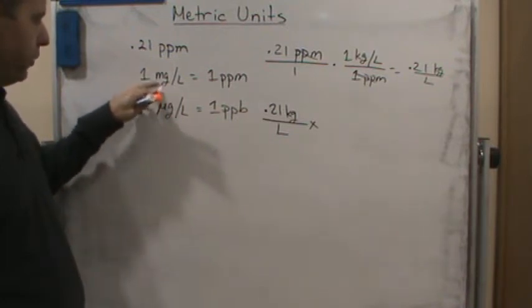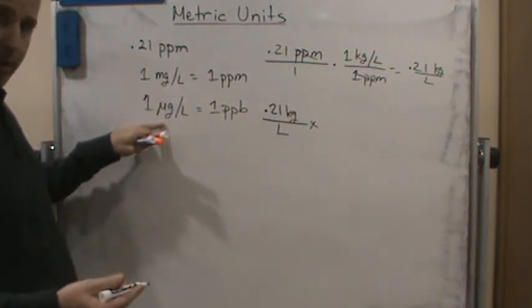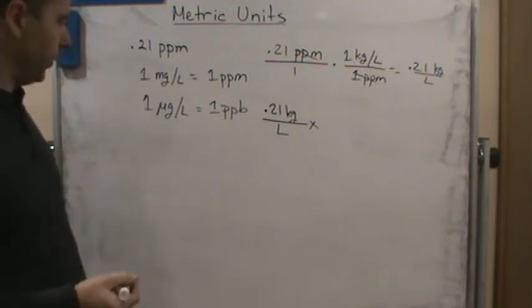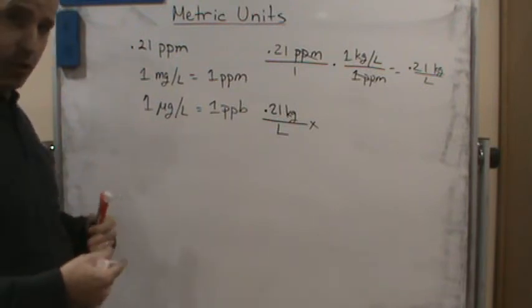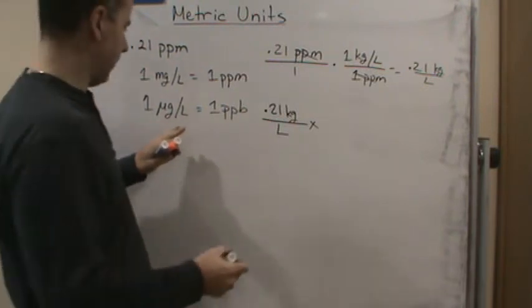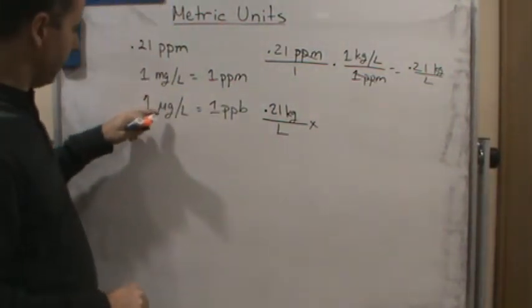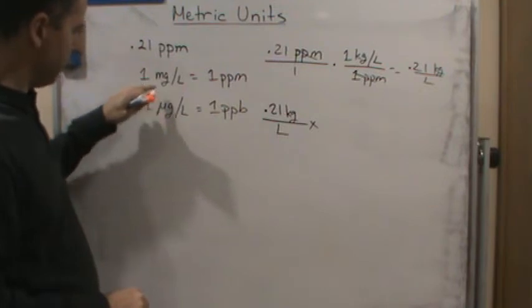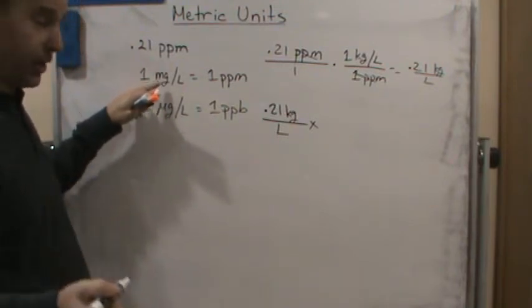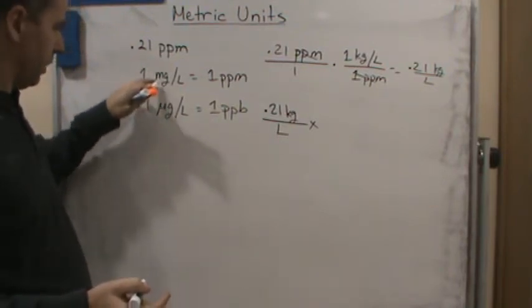So now, if that's maybe difficult for you to see or to use, here I can just use the conversion that says, well, how many micrograms are there in a milligram? Well, you could say there's 1,000.